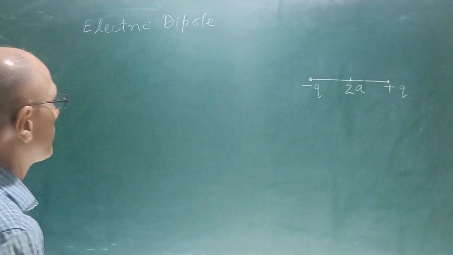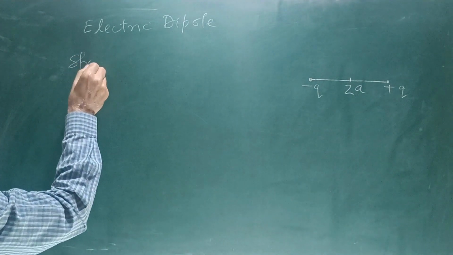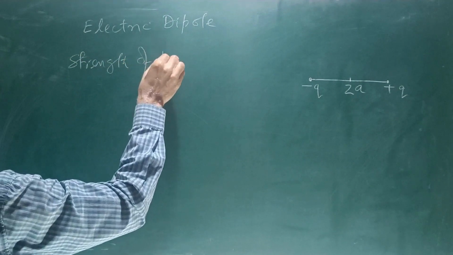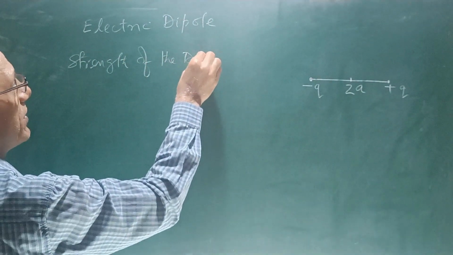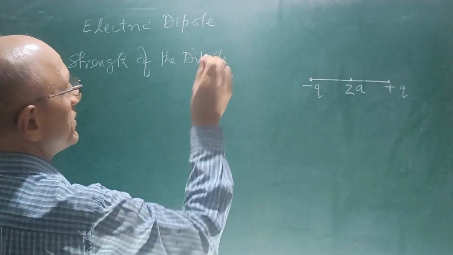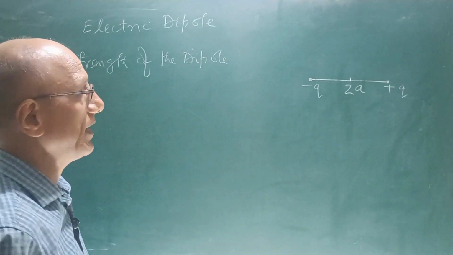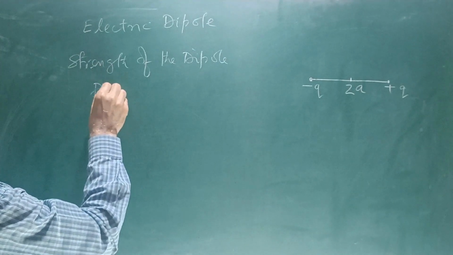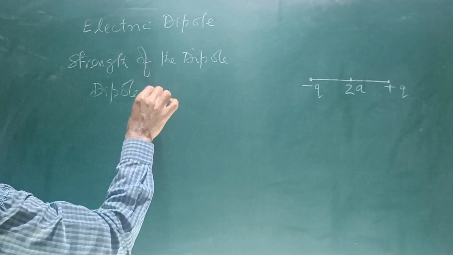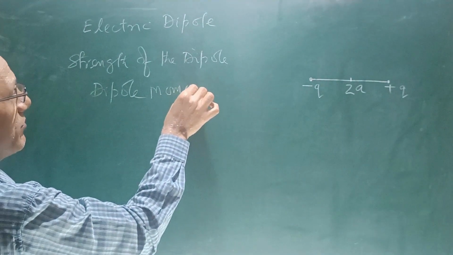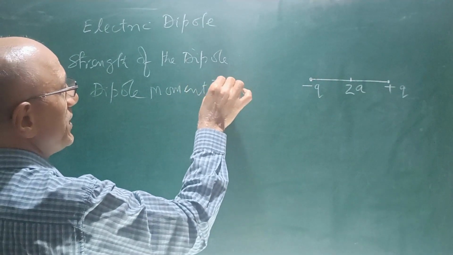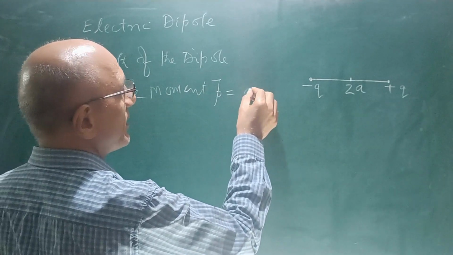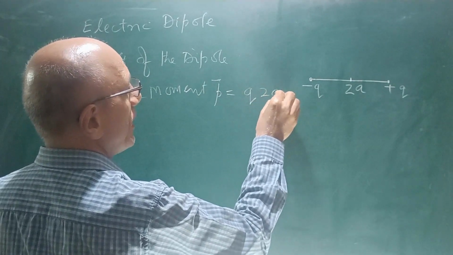The strength of the dipole is given by or measured by dipole moment, and that is P, and is defined as the product of the magnitude of either charge into dipole length.